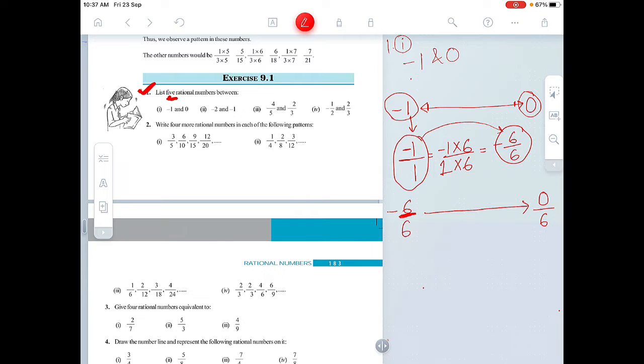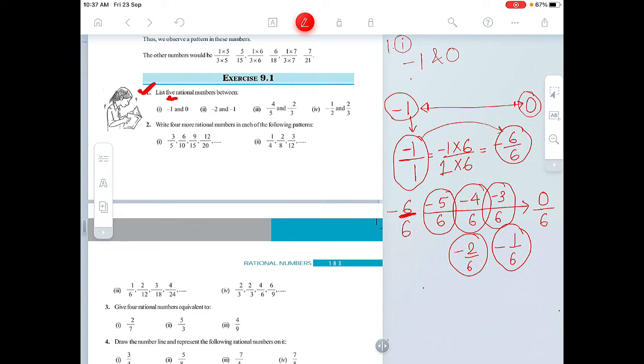Just before -6, we get -5 by 6. It is a rational number between 0 and -1. Just before -5, we get -4 by 6, also a rational number between 0 and -1. Just before that, we get -3 by 6, and similarly -2 by 6 and -1 by 6.